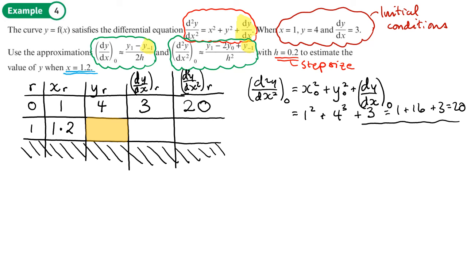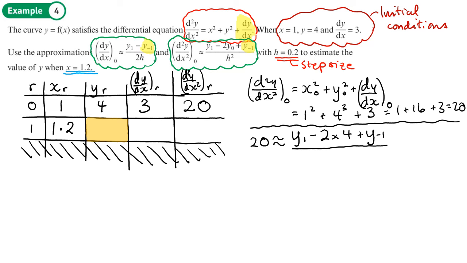Right, we can now use that and we'll put it into this equation here. So what can we say? That 20 is approximately y1, which is what we're trying to find, minus 2y0, well, y0 is 4, plus y minus 1, well, we don't know that, but we're going to eliminate it in a moment, all divided by h squared, and h is 0.2, so it's 0.2 squared.